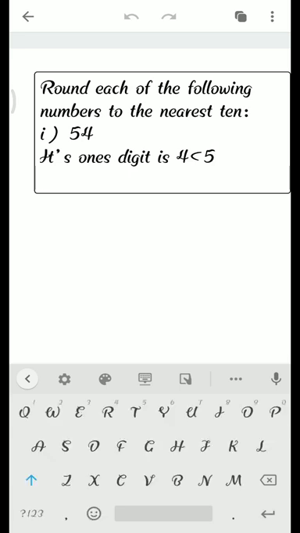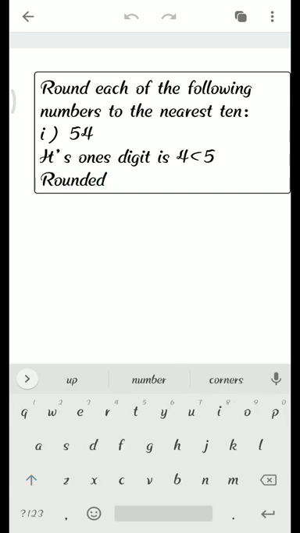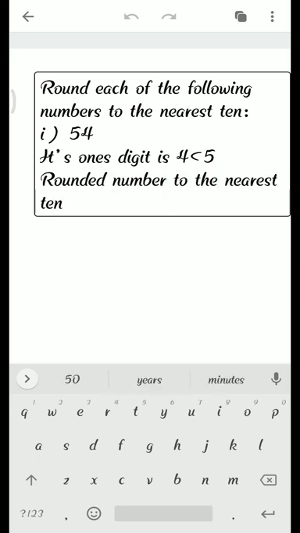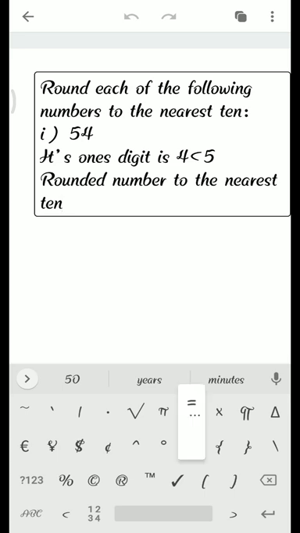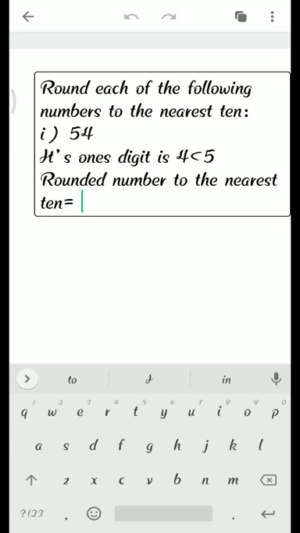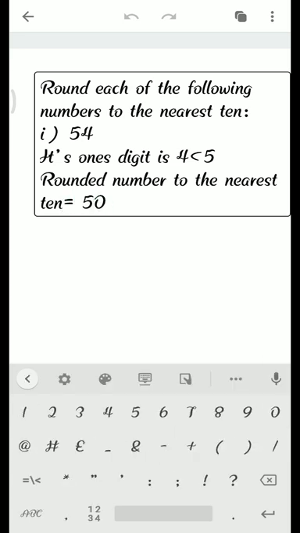We have to turn the ones place digit to 0 and the 10th place will be as it is. The rest of the number will be as it is. So therefore, the rounded number to the nearest 10 becomes 50.